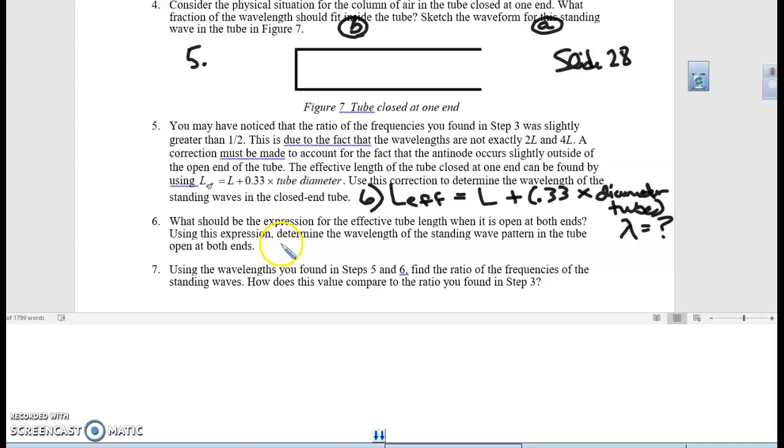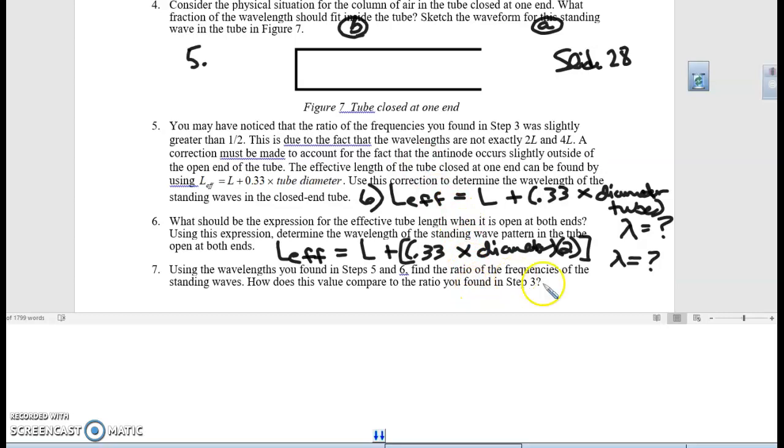For a tube that's open on both ends, what you're going to have to do is do it twice. So this correction will be the diameter times 2. Add that, doing it twice. Go ahead and do that for the open one and then the wavelength.